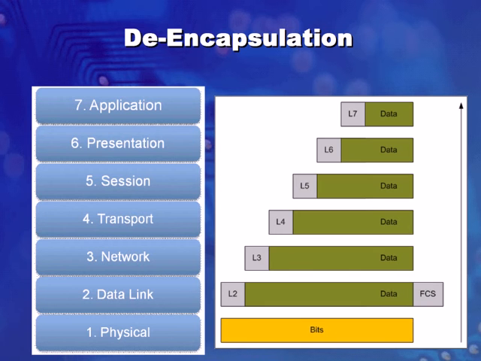Going back to my original example, this is de-encapsulating on the side of, say, Google. So Google's opening this up, and really what we're looking for is the destination port 80, because I've got a web server that's listening to port 80. And if it is, great, I can strip that off and start moving up the application stack portion of it, which is the combination of the session, presentation, and application layers.